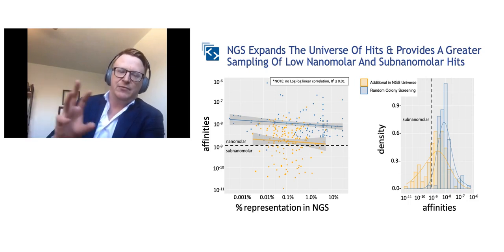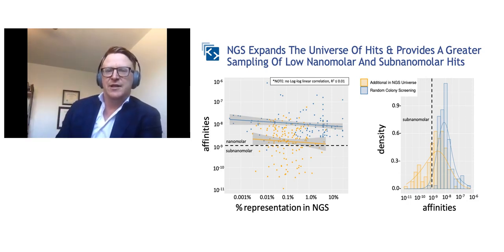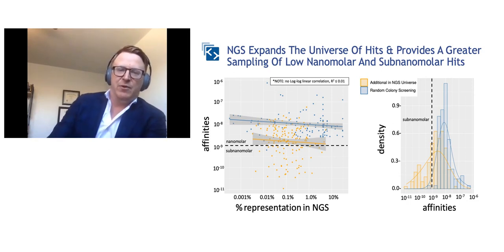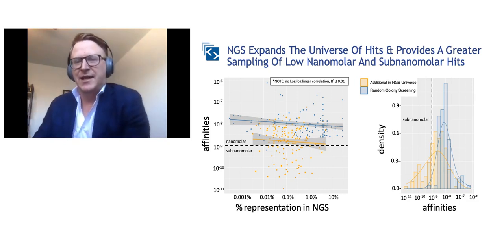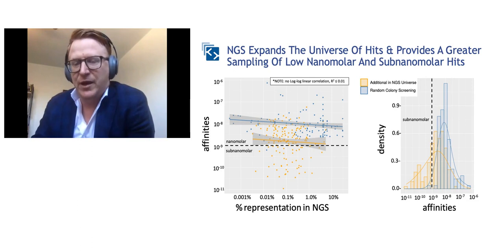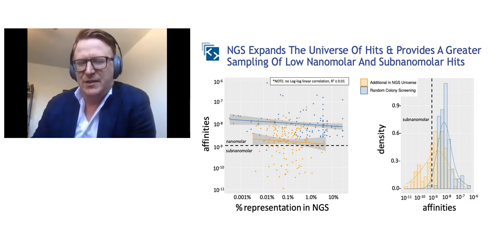That suggests in this case that the lower frequency ranges, the ones that may be missed at the higher frequency subset, are effectively missed. In fact, what we found is a lot more high affinity populations at lower percent representation in the NGS. And our platform actually performed fairly well, again, in this particular selection campaign.